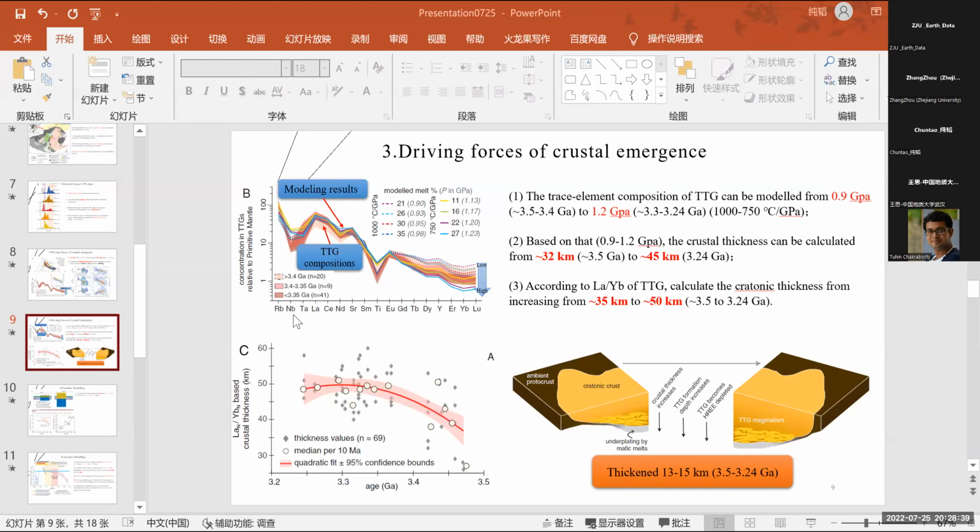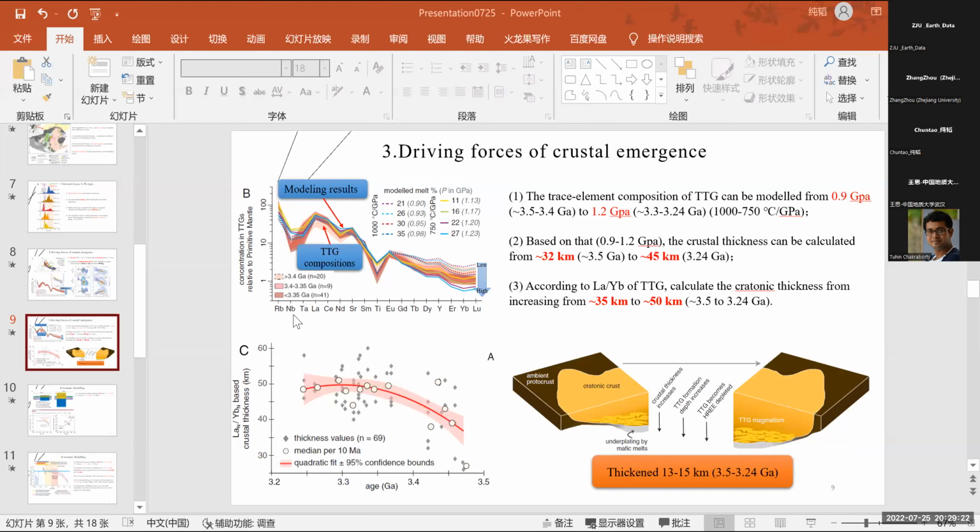If garnet exists in thick crust, ytterbium will be compatible in the garnet, so the lanthanum to ytterbium ratio will be higher in the melt. So we will observe a higher ratio in thick crust. But actually, the process may be complex and not so simple.